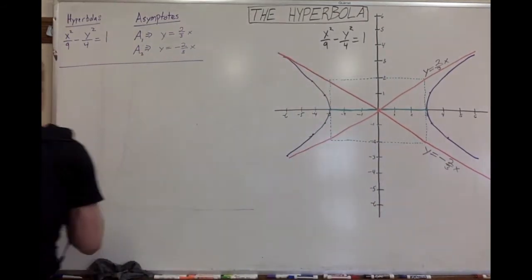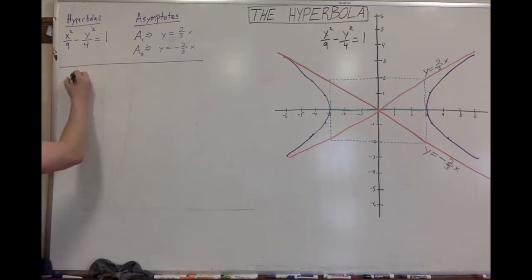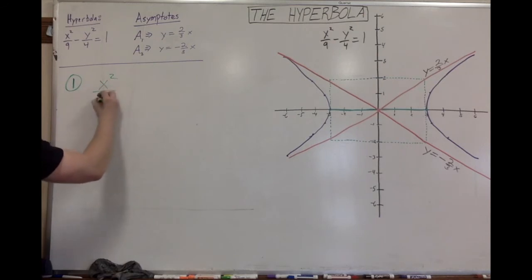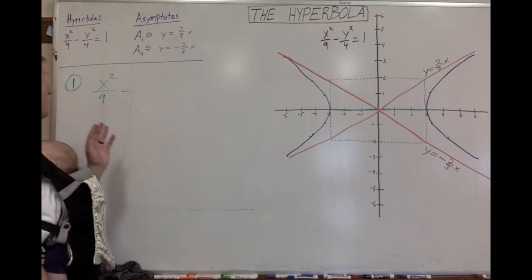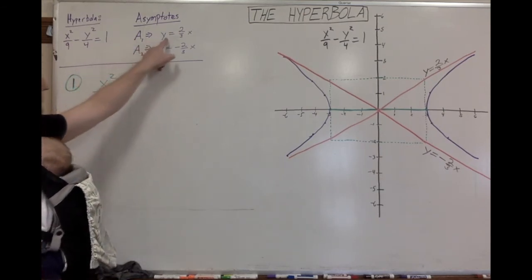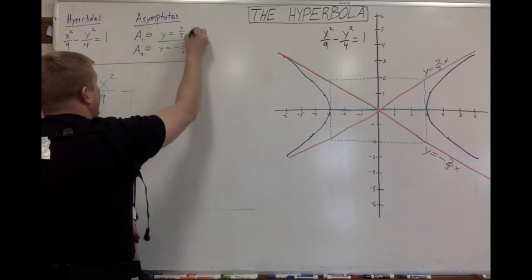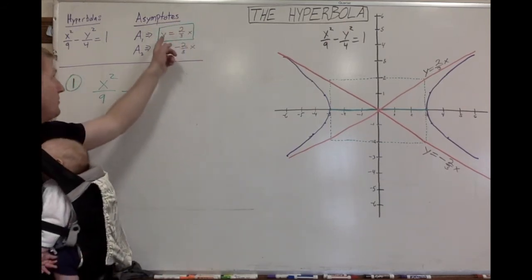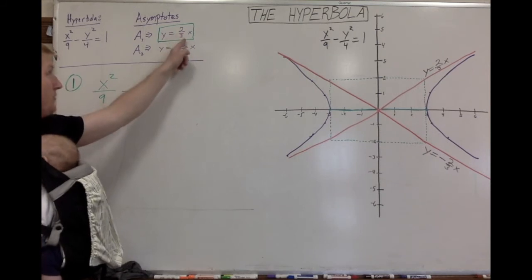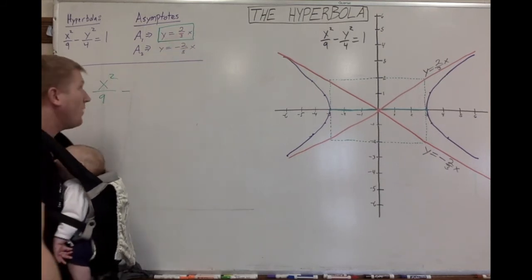So for step 1, we're just going to have x squared over 9 minus, now instead of writing y squared, I'm going to use substitution to put in 2/3 x for y, right?